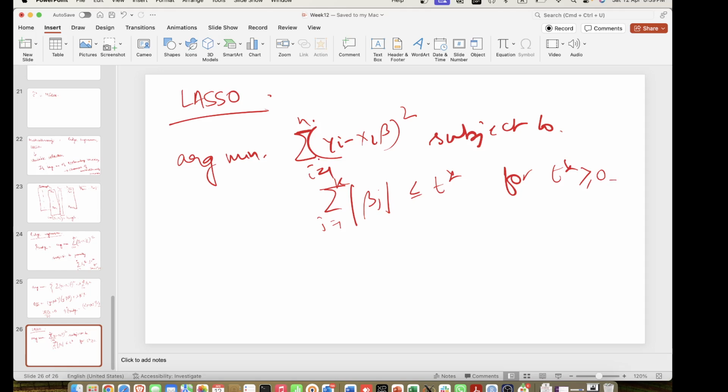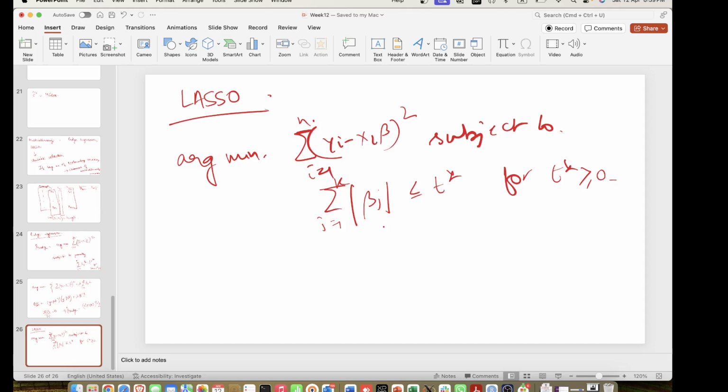So now, if this t star is very very close to 0, then because these are absolute values, beta j's are bound to be 0.